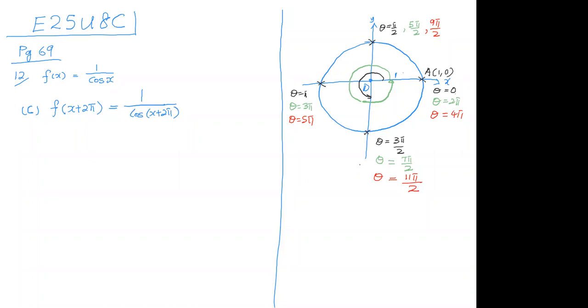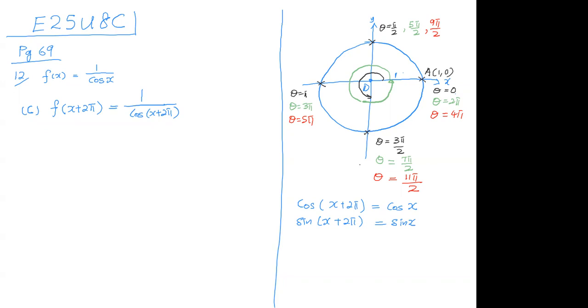Any angle, it doesn't matter. We have to remember this. That means cos of x plus 2 pi is the same as cos x. And sin of x plus 2 pi will be the same as sin x, because you go the second round, so it gives you the same value.